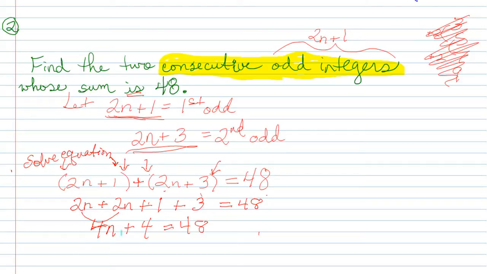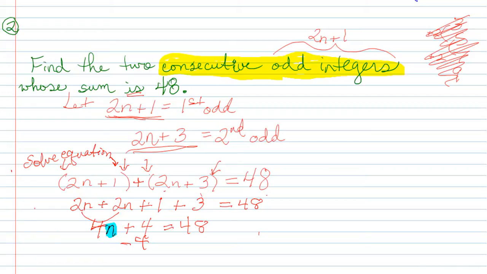Let me just highlight that real quick to remind us this is the item we're trying to isolate, to get it by itself on one side of the equal sign. So here we go. If I have 4 added here, I can do the inverse operation of subtracting a 4. What I do to one side, remember I talked about the scales being balanced, that the equal sign is like a scale, we must remain balanced.